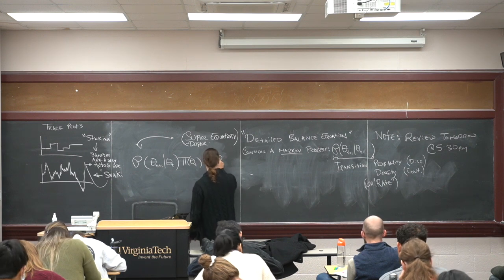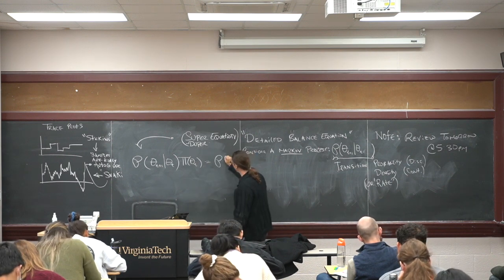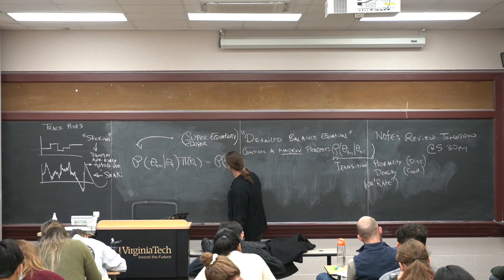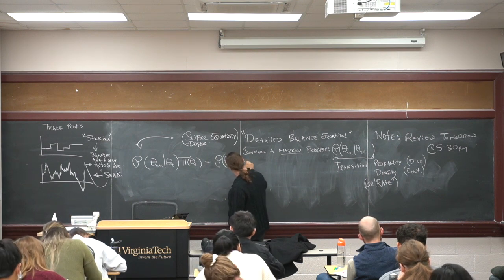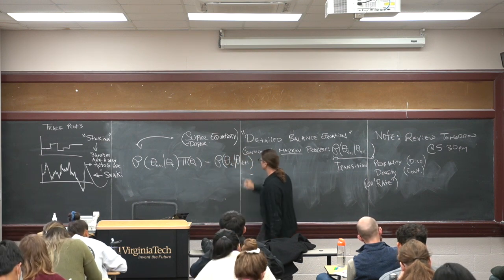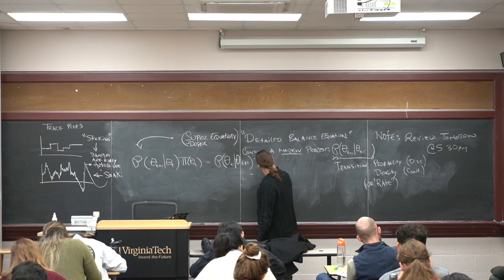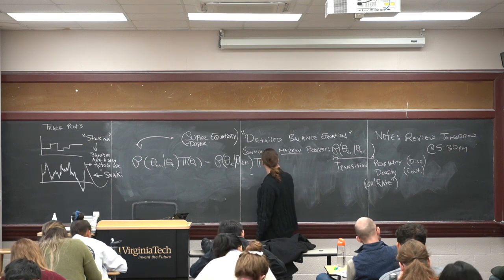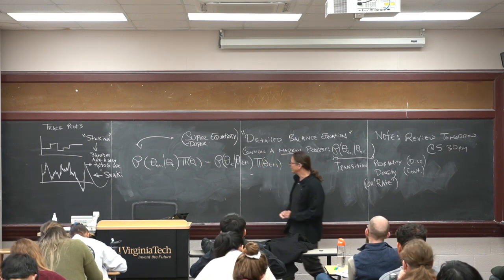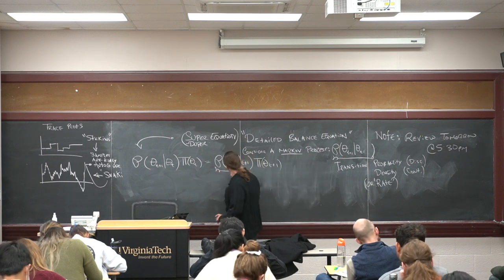This is going to be our transition rate, and this is going to be the backwards process. I need to spend a little bit of time talking about all of this right here. This is the backwards rate.